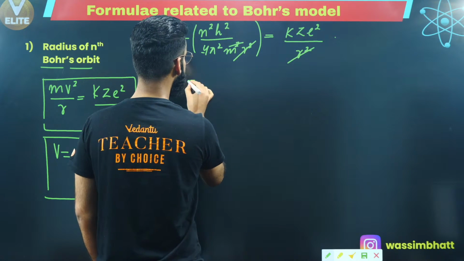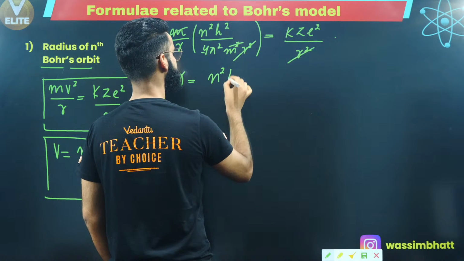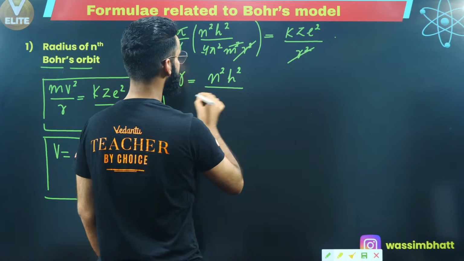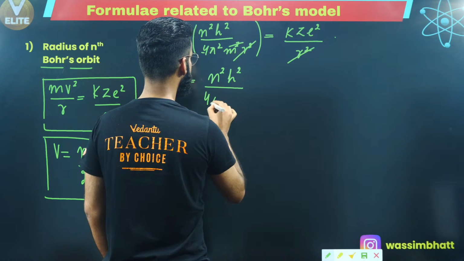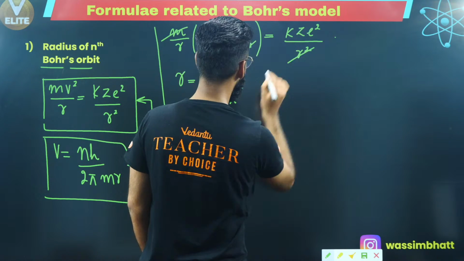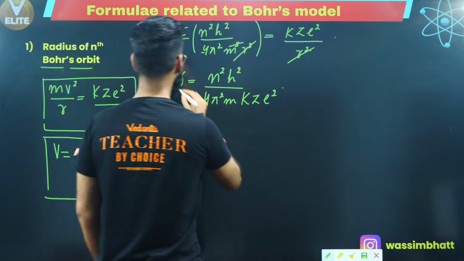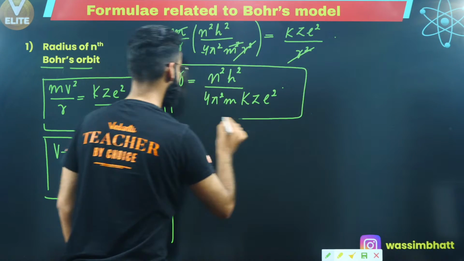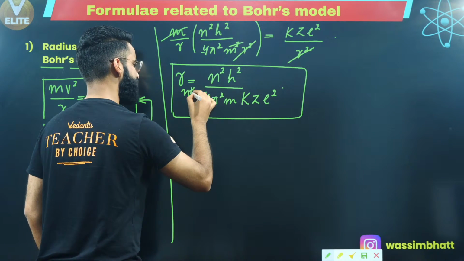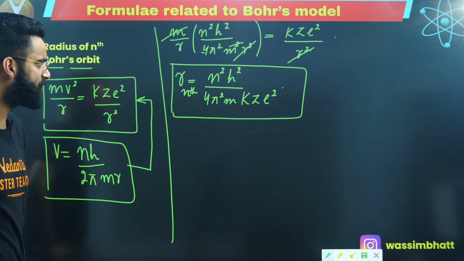So r is going to be equal to n square h square divided by 4 pi square multiplied by, there is 1 m left over here, and from here I'll be getting k, then z, then e square. This is how we calculate the radius of the nth Bohr's orbit.